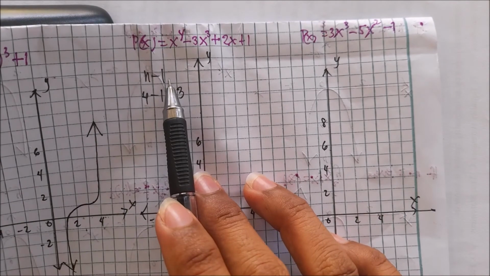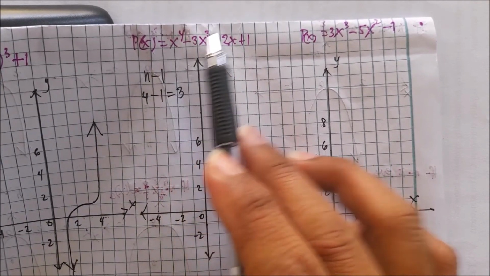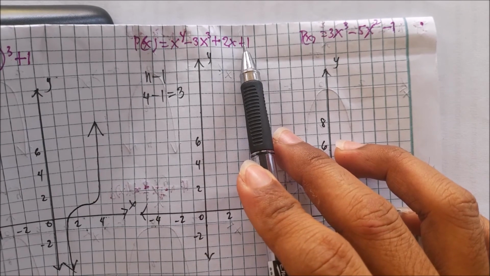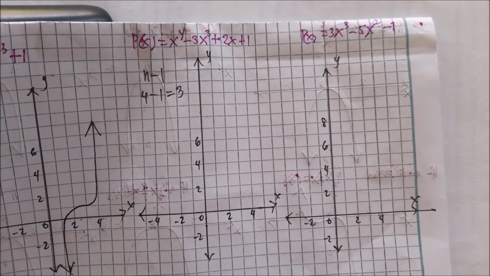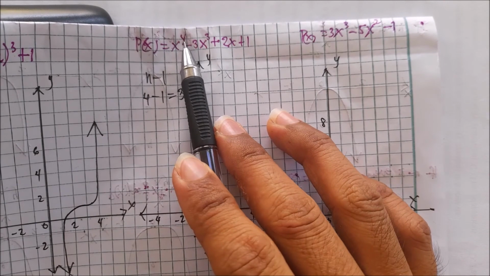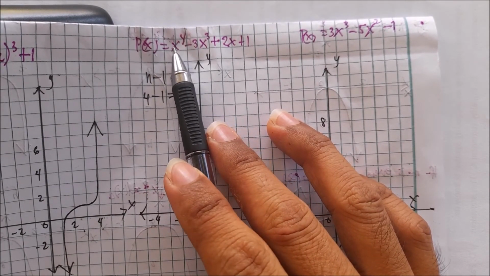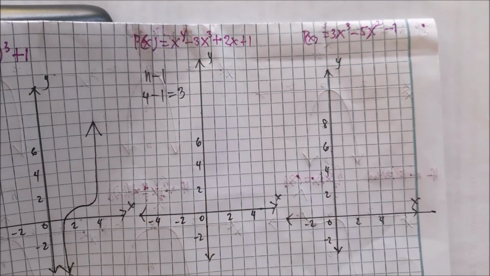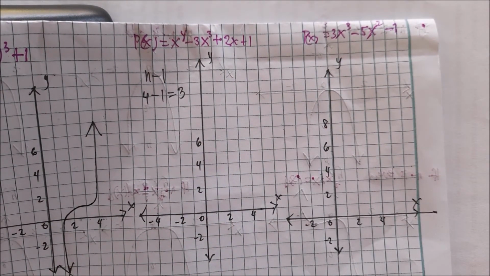Since it has a positive leading term and positive constant, you can determine that the graph is upward. Why is it upward? Because it is an even number, which is 4, and the leading term is positive. The graph is upward, and there are 3 turning points.